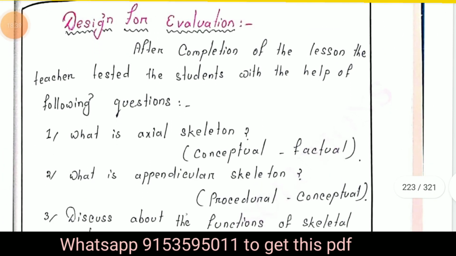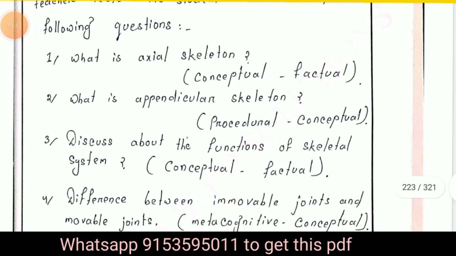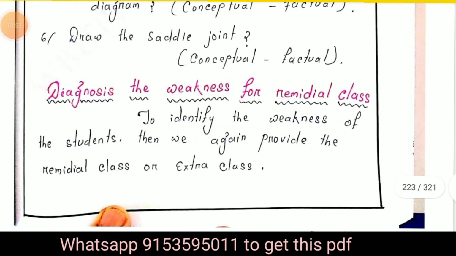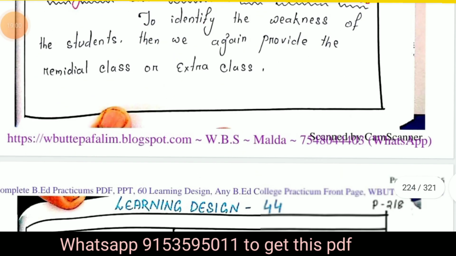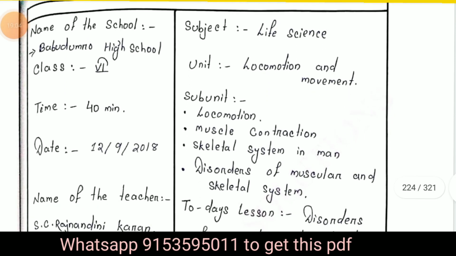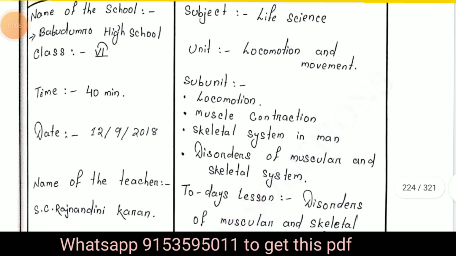Design for evaluation. Some questions are available here. Diagnose the weakness for remedial classes. Now discuss learning design number 44. Today's topic, disorders of the muscular and skeletal system.